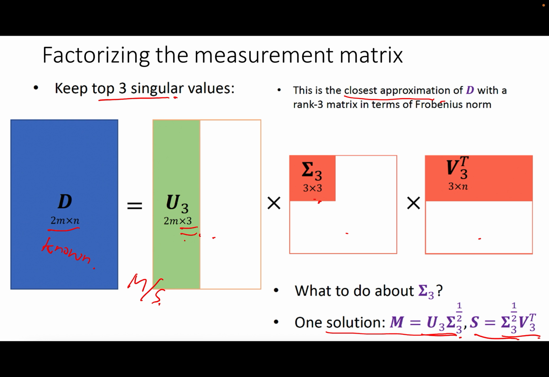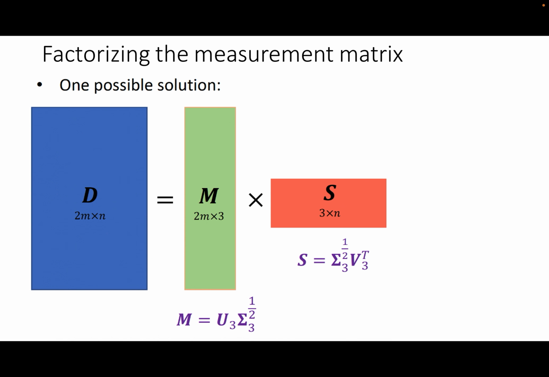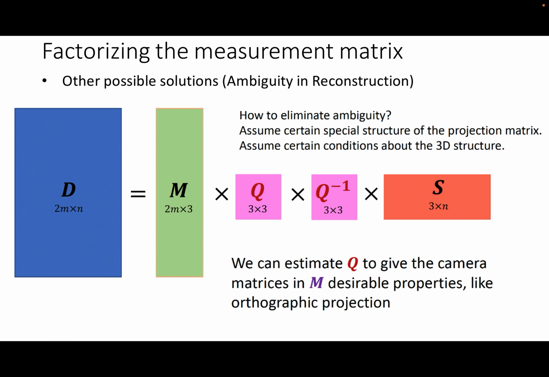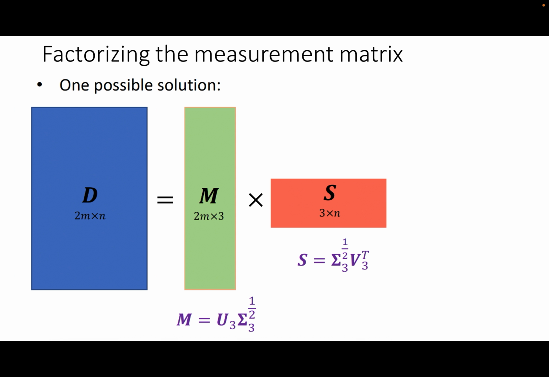But there can be many solutions. This is just one possible solution, because of the ambiguity. As I said, this is just one solution: M is U3 times the square root of sigma 3, and S is the square root of sigma 3 times V3 transpose.